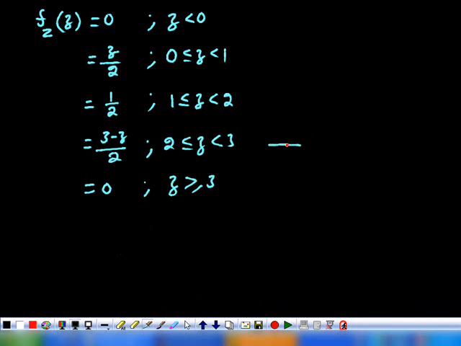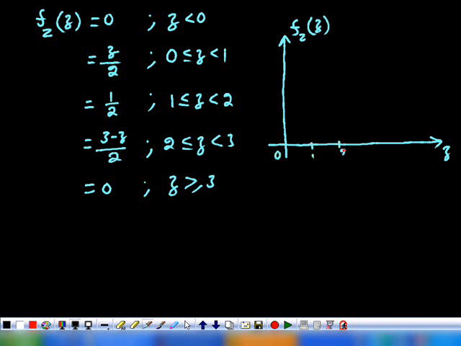Therefore, if you plot this, the fz of z, it is 0 here, and from 0 to 1 it is z by 2. It is in the form of y equivalent to mx, a straight line passing through the origin.